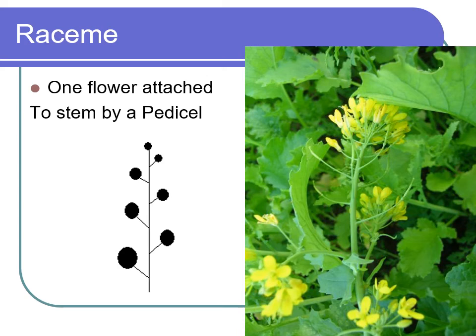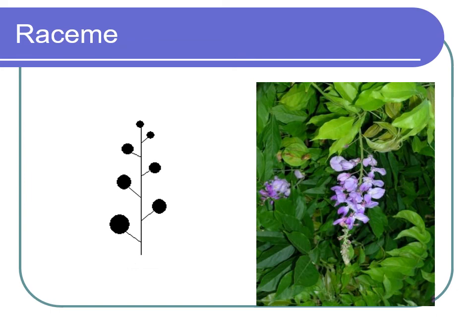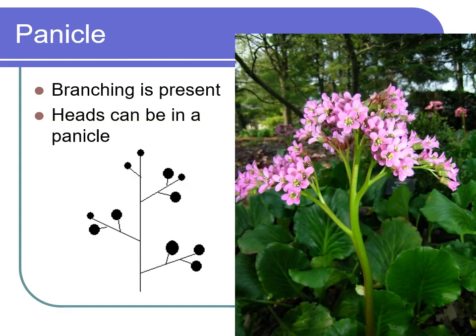So that's a raceme. Lots of examples. This is wisteria, right? So that's upside down. So you could flip the picture, I guess, if you wanted to understand what raceme looked like upside down.